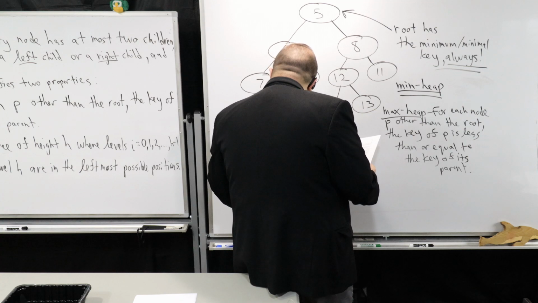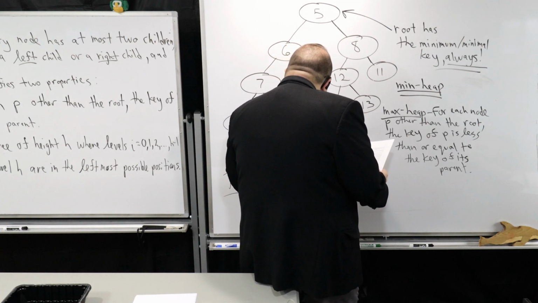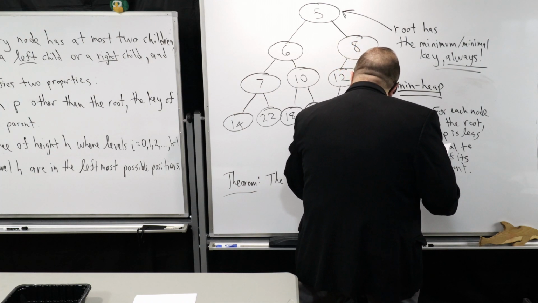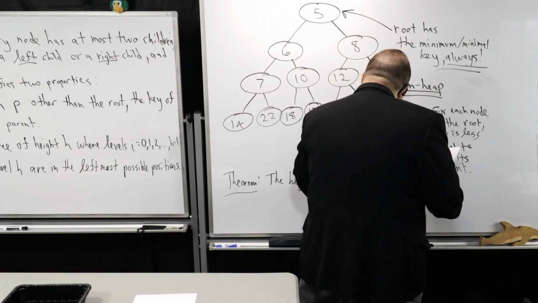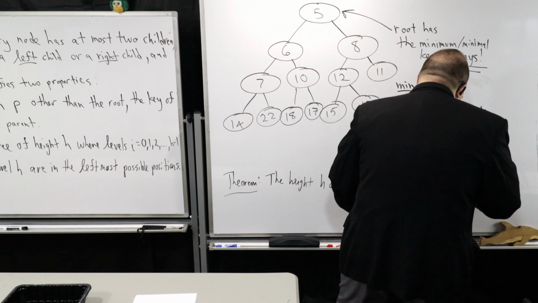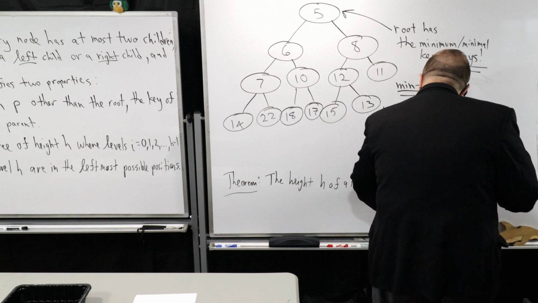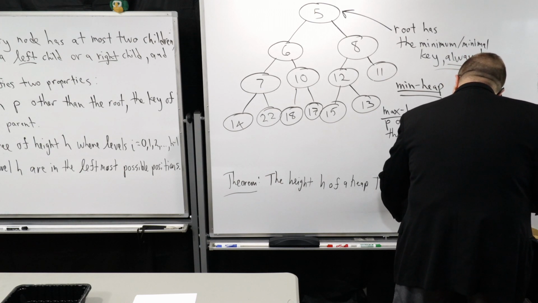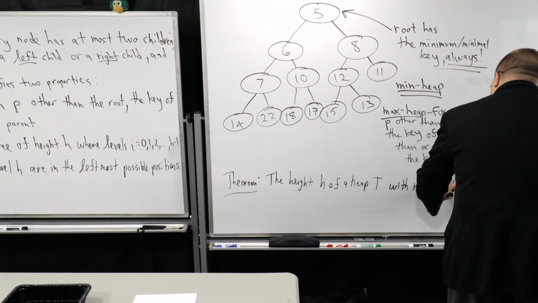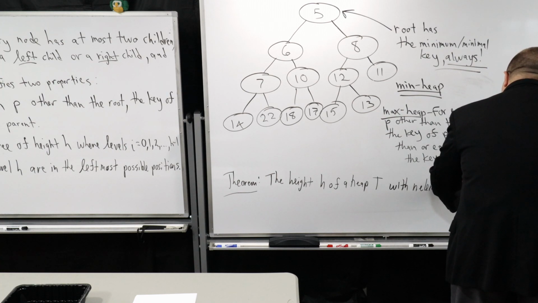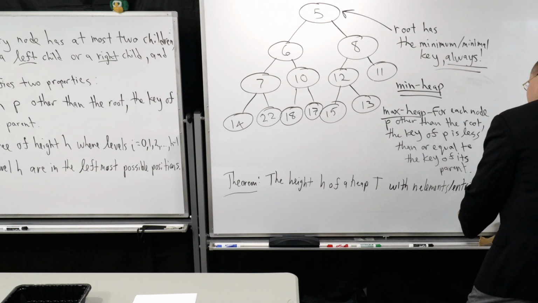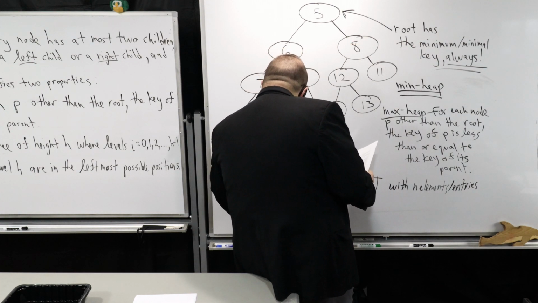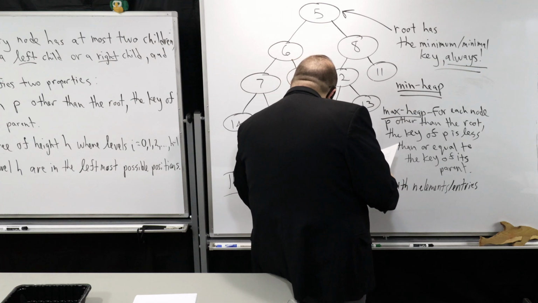So the height h of a heap T with n elements, or entries, or nodes, however you want to think about it, is equal to the floor of log base 2 of n.